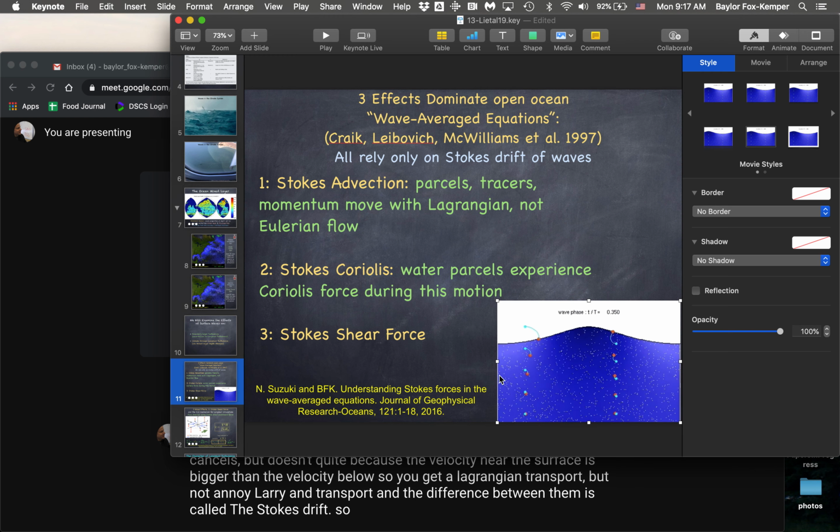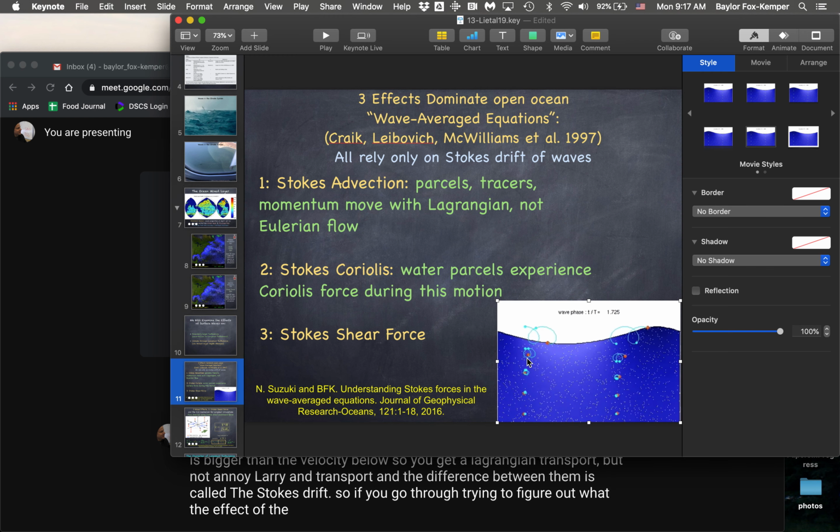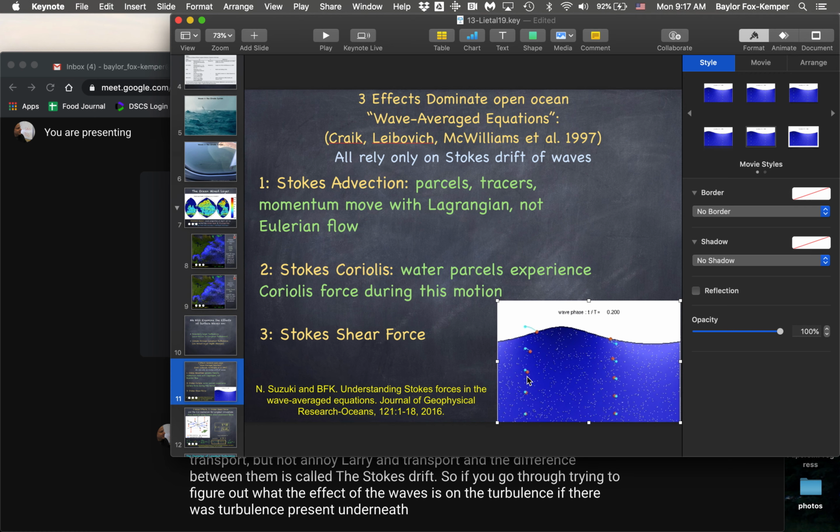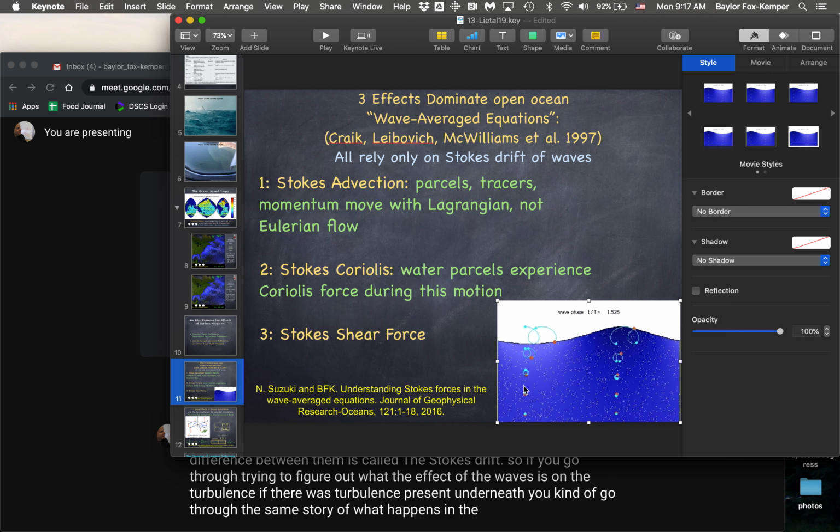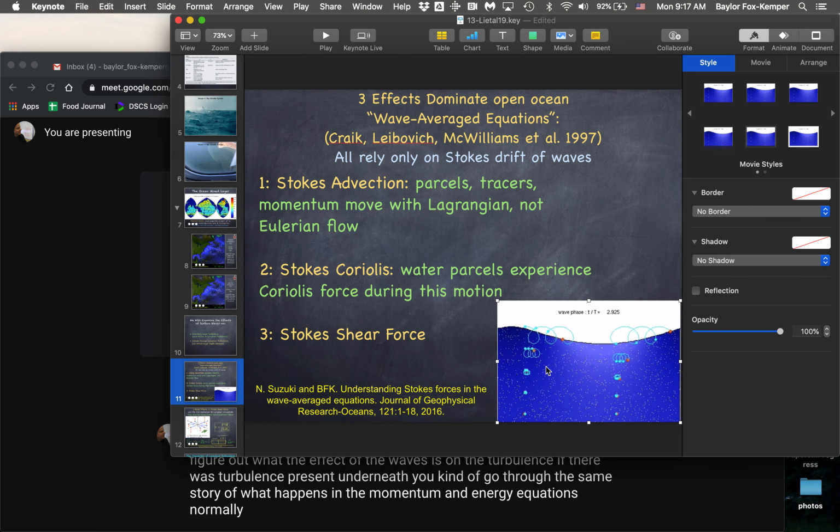So if you go through trying to figure out what the effect of the waves is on the turbulence, if there was turbulence present underneath, you go through the same story of what happens in the momentum, energy and vorticity equations normally, how you produce turbulence in the first place.